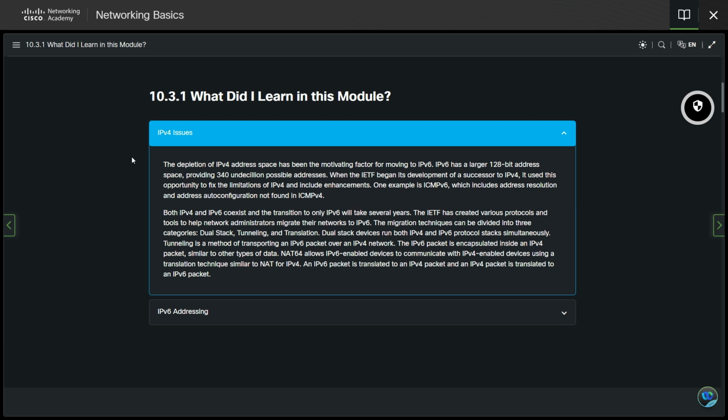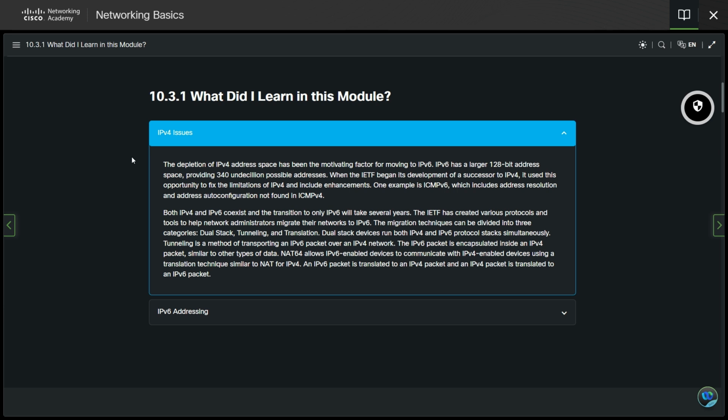When the IETF began its development as successor to IPv4, it used this opportunity to fix the limitations of IPv4 and include enhancements. One example is ICMP version 6, Internet Control Message Protocol, which includes address resolution and address auto-configuration not found in ICMP version 4.